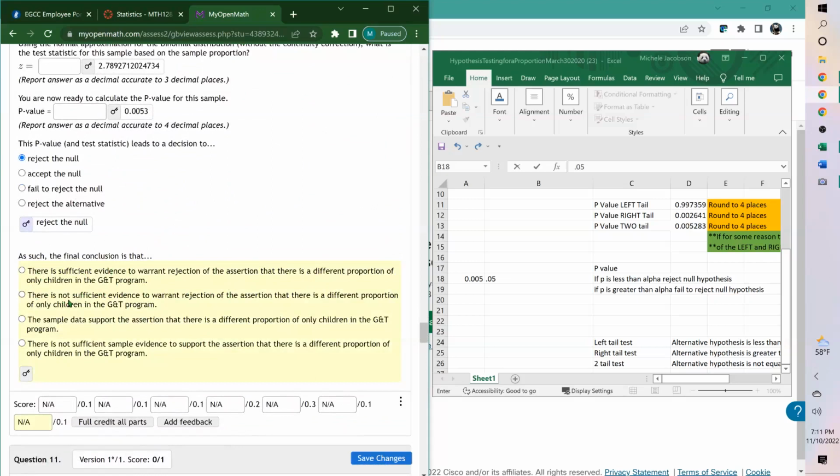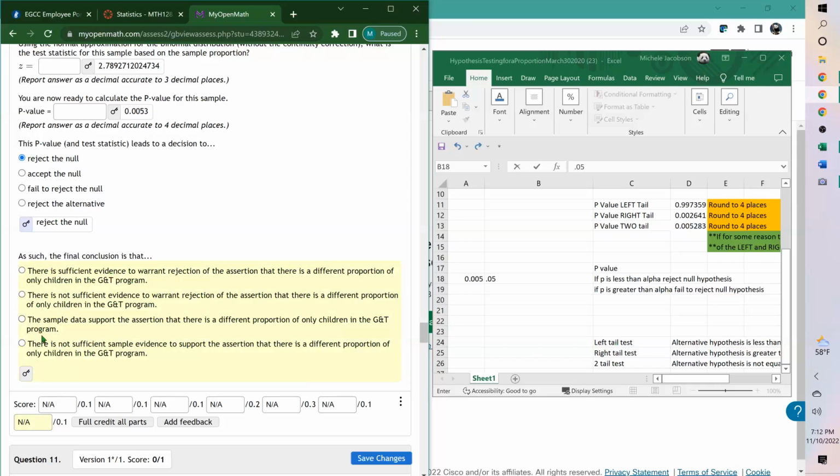We know it's not this one because there was sufficient evidence to reject. The not sufficient ones are definitely not those because there was enough to reject. So it's either the first or the third.